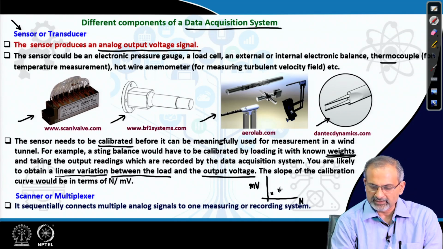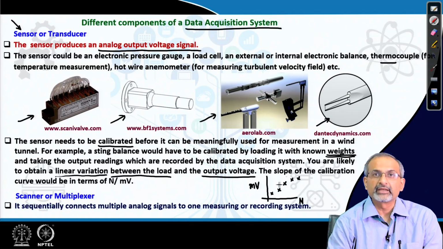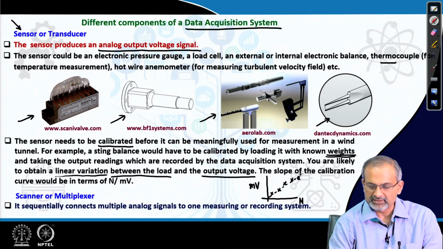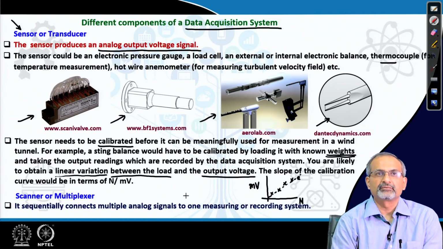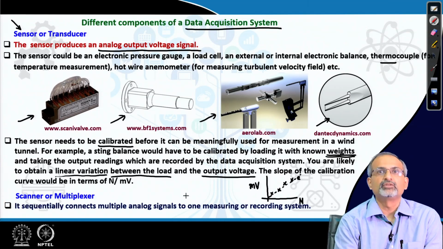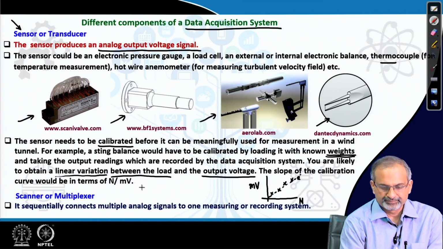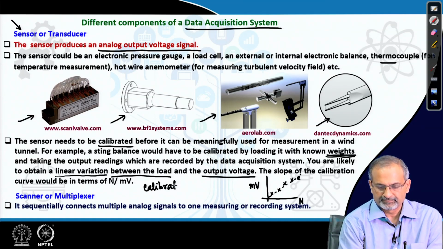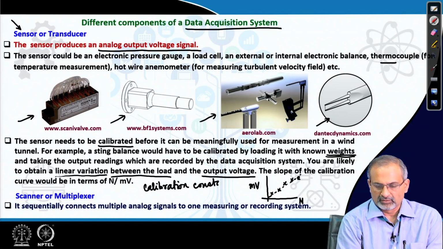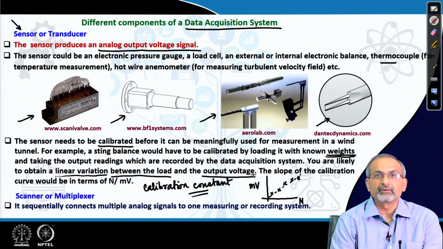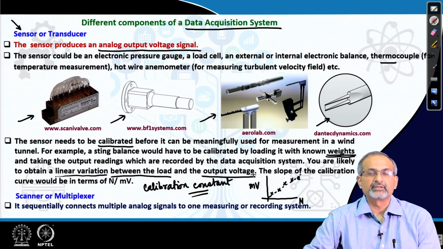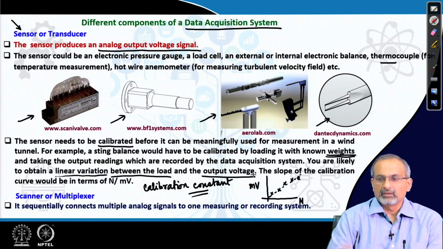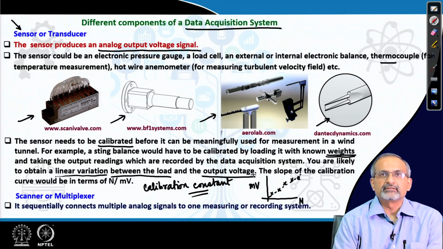You may have data points like this over a range of loading, and then you would like to have a best fit going through those points, and the slope of that curve would give you so many newtons per millivolt, which is basically the calibration constant. With this information you should be able to convert, for example, a certain output voltage into a corresponding load. That is the function of this calibration process. So, the sensor needs to be calibrated before it is used.